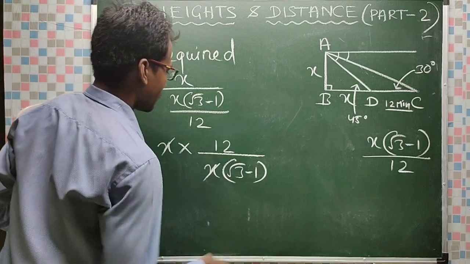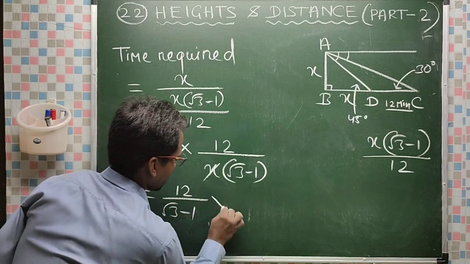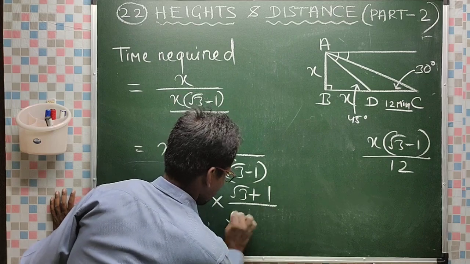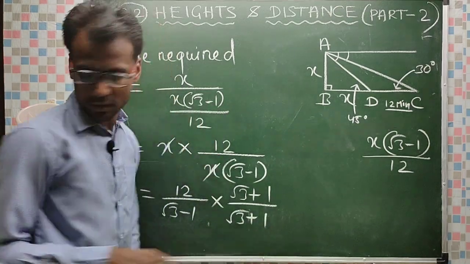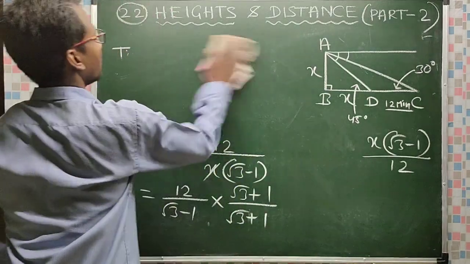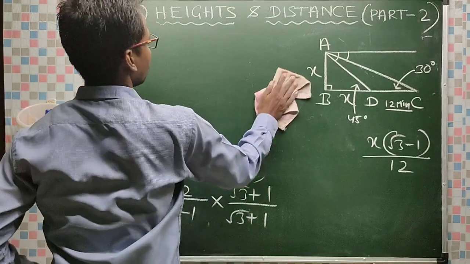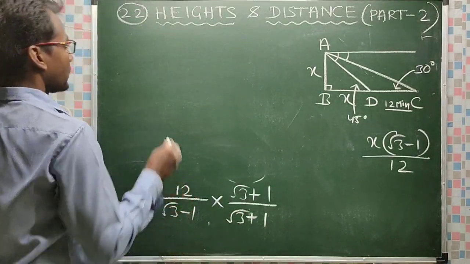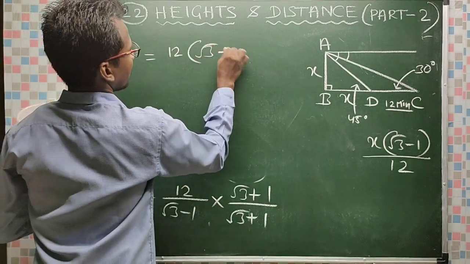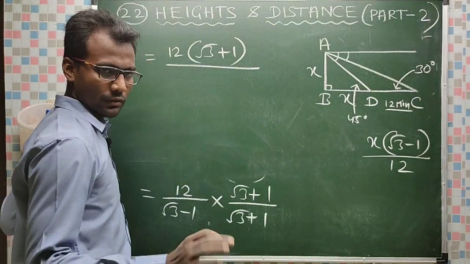Let us rationalize the denominator. So 12 by root 3 minus 1 whole into root 3 plus 1 by root 3 plus 1. That is equal to 12 whole root 3 plus 1 by a minus b into a plus b, a square minus b square.